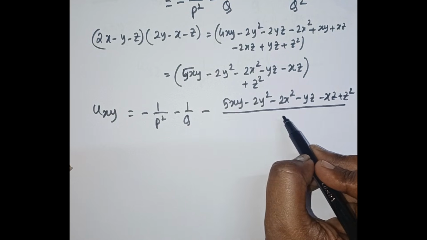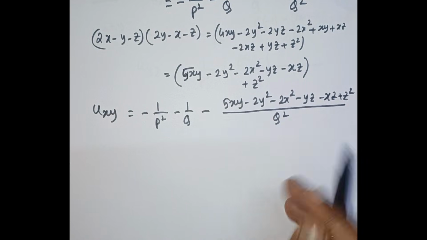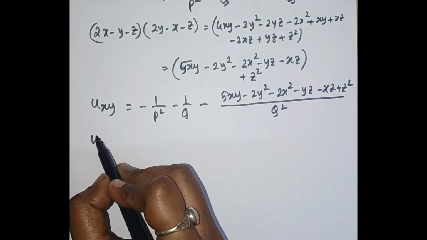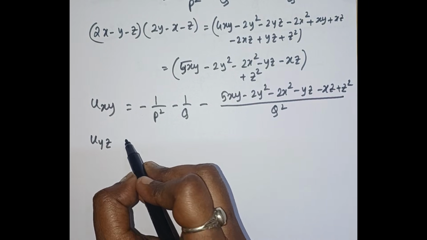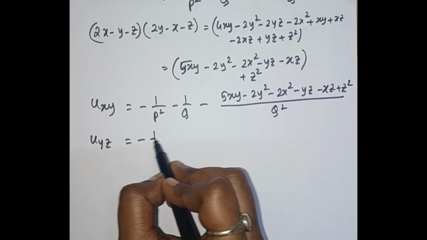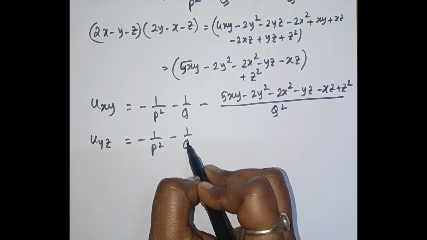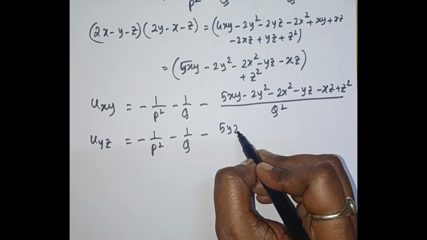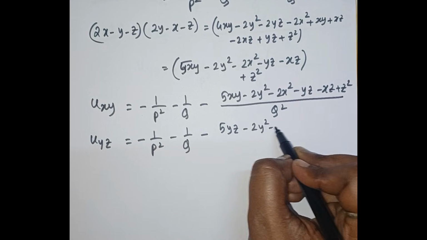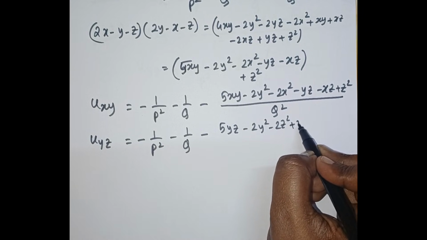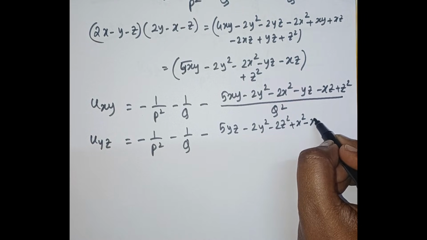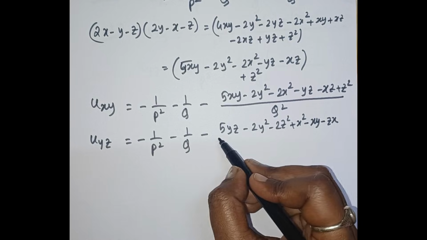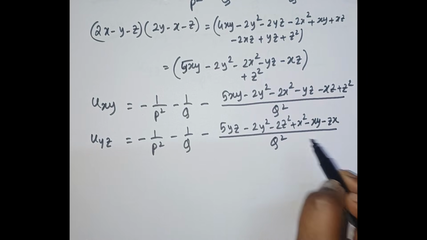Now since the function is symmetric, we can write uyz and uzx by only seeing this uxy. So uyz will be similarly minus 1 by p square minus 1 by q minus the numerator will be 5yz minus 2y square minus 2z square minus x square minus xy minus zx, and the denominator will be q square.